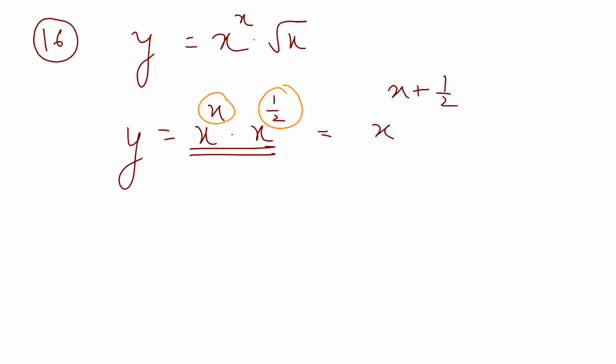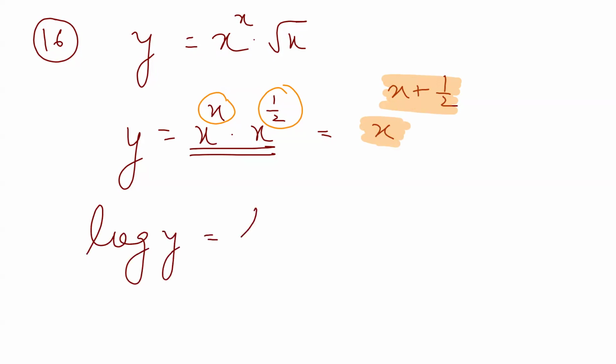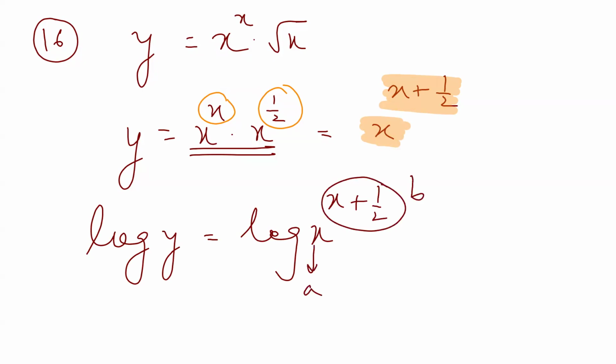Now we have base with x and power with x. The base is with x and the power is with x as well. So we will consider doing logarithmic differentiation. Now this is a and this is b. So log y is equal to b, b is x plus half log x.